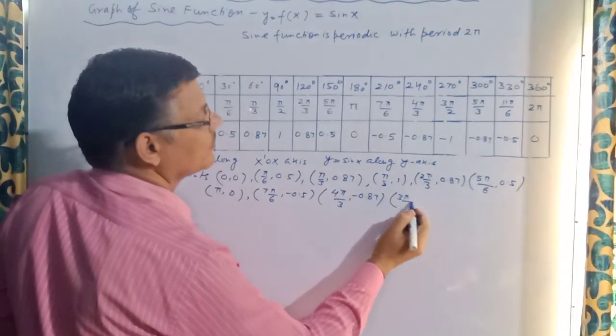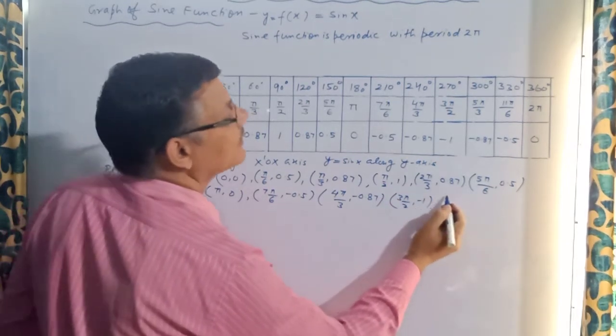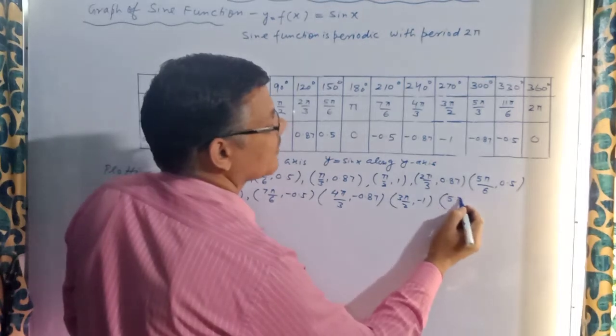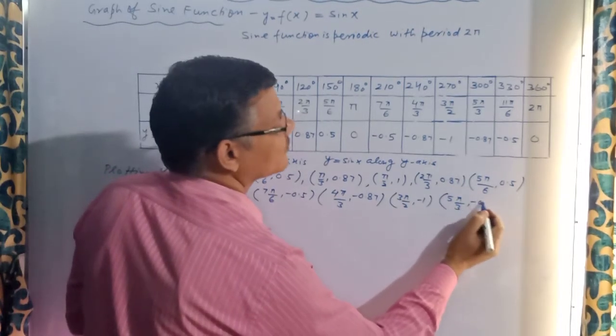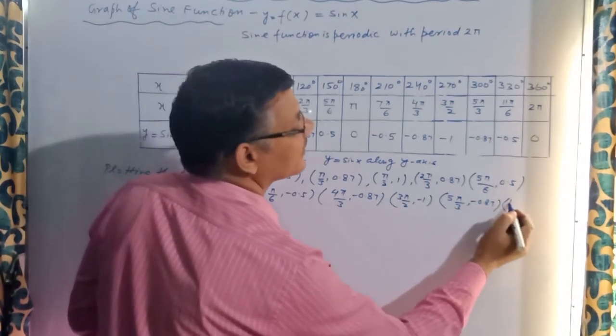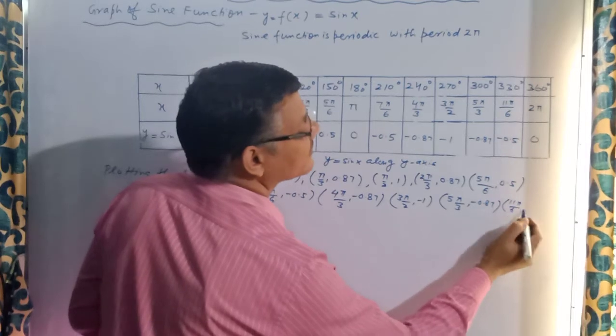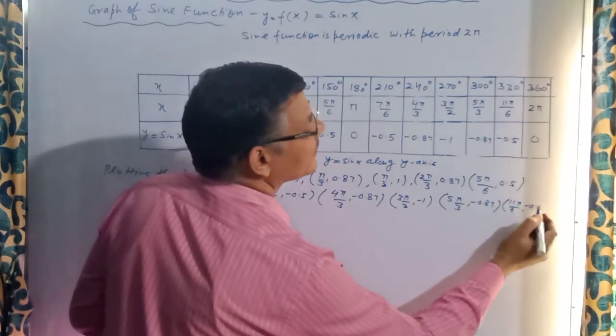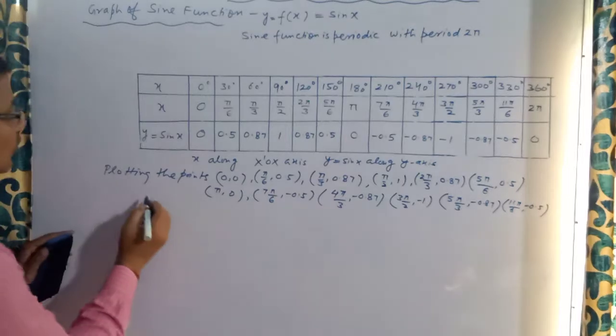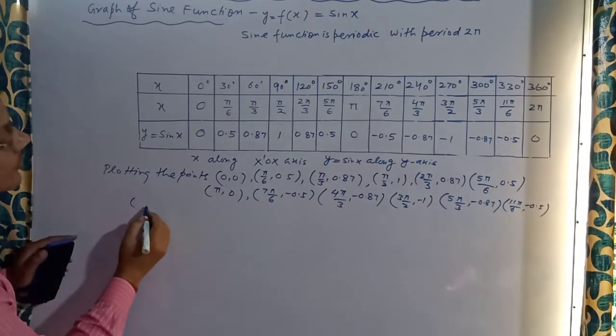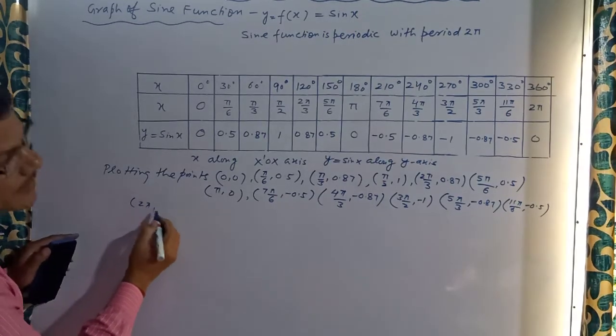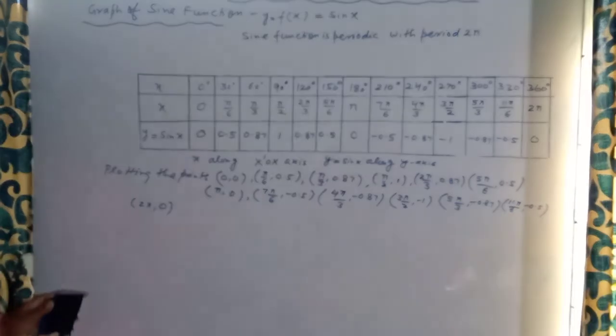3 pi by 2, then minus 1. Next one is 5 pi by 3 and minus 0.87. 11 pi by 6 and minus 0.5. And one more point is there, that is 2 pi, and at 2 pi that is 0.